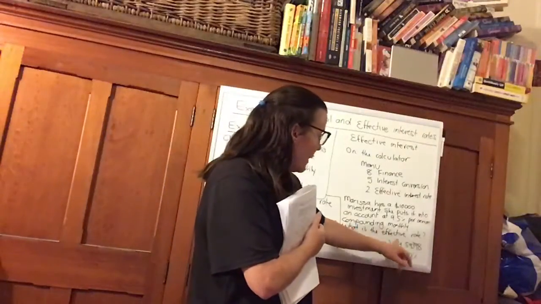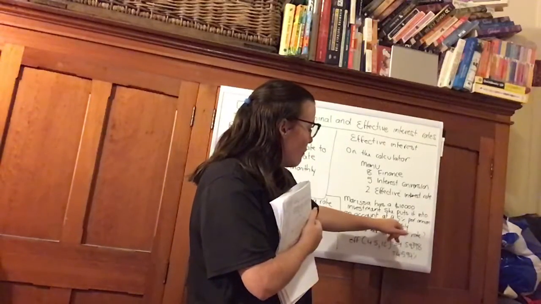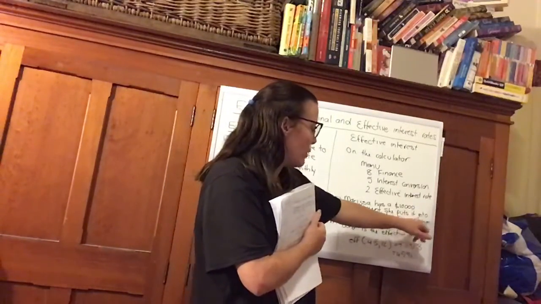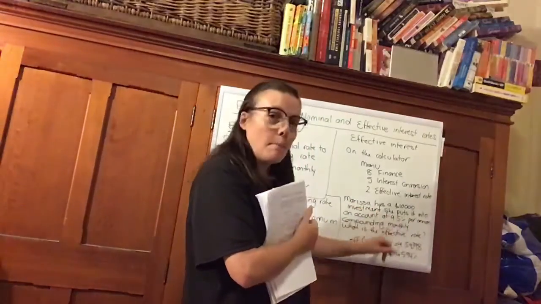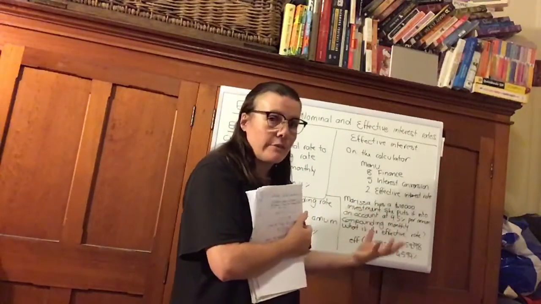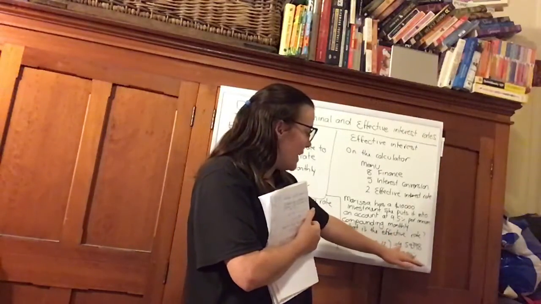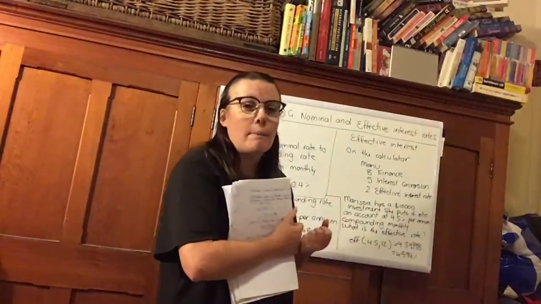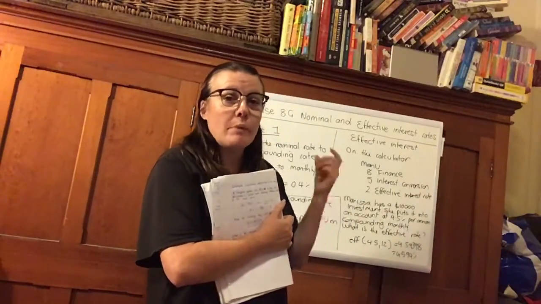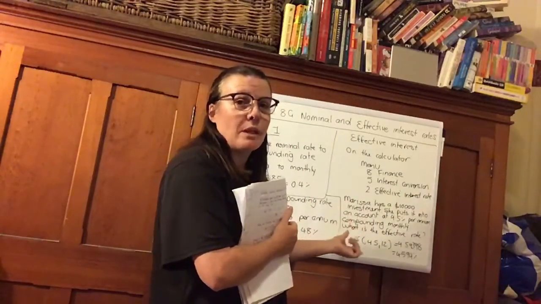So effectively, whilst it says it's 4.5% per annum, because it's compounding monthly, that's effectively like a higher interest rate, and that interest rate is 4.59. So it's almost 1% higher because of the compounding periods.